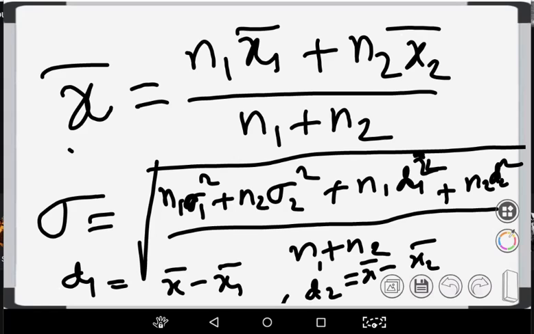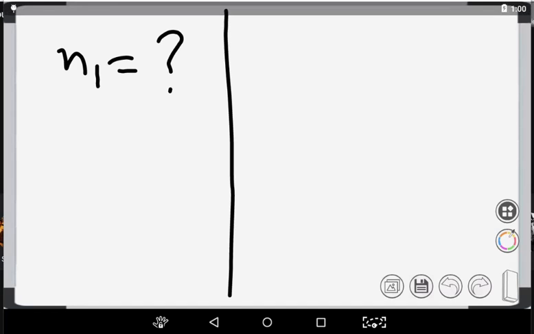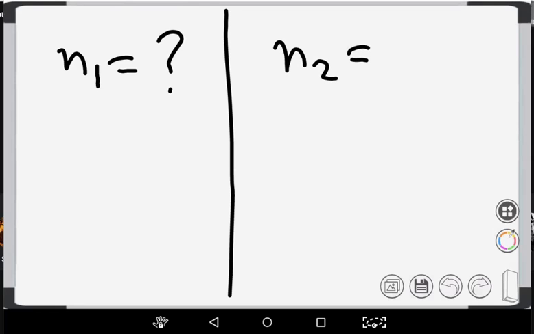Now tell me, for this particular problem, what are the values given? N1 is given, 45. N2 is given, 55. Because N1 plus N2 is 100, I have said 100 students.